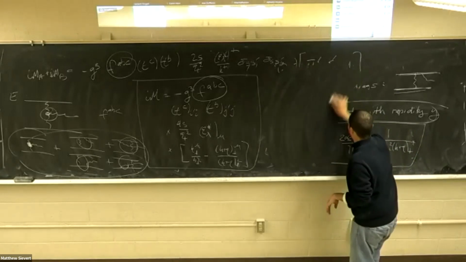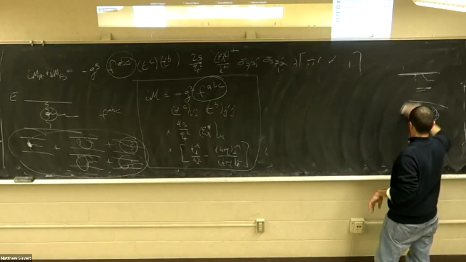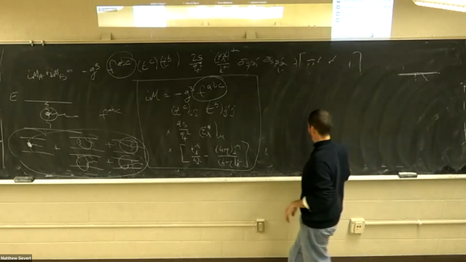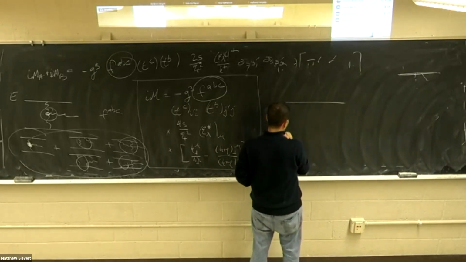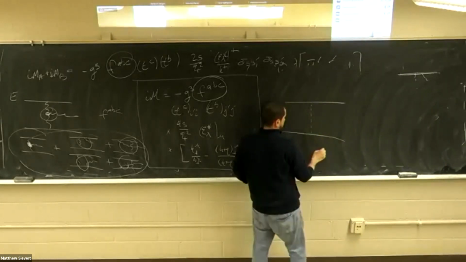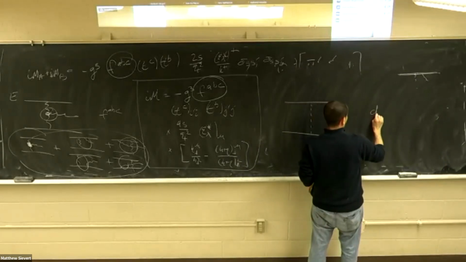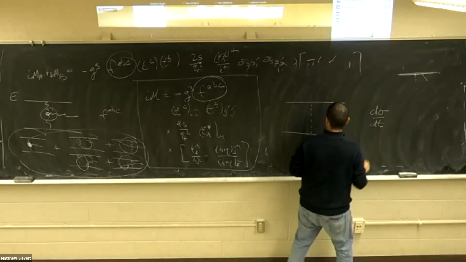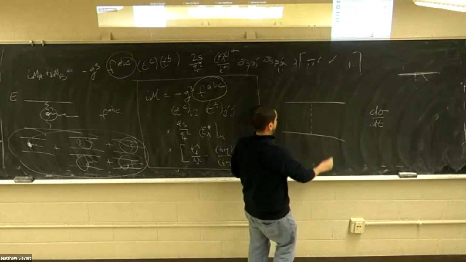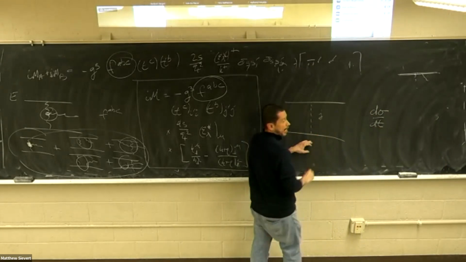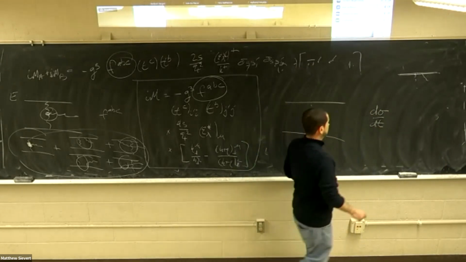I could send you a reference. I don't really know what to say about it off the top of my head. There's a general theorem where you can write down the energy dependence of your cross-section, say dσ/dt for this 2-to-2 scattering, as a function of the spin J of the particle that's exchanged.